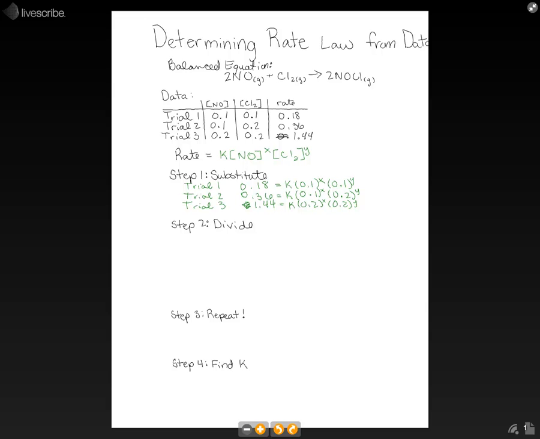You can see between trial 1 and 2, the concentration for NO doesn't change. And you can see for trial 2 and 3, the concentration for Cl2 doesn't change. We're going to use this to our advantage so that we can cancel out some terms. So we're going to divide trial 2 by trial 1.